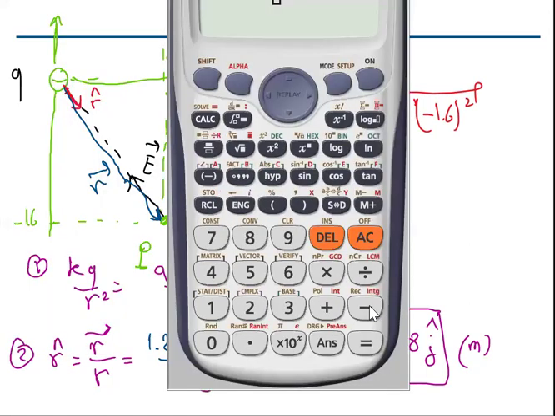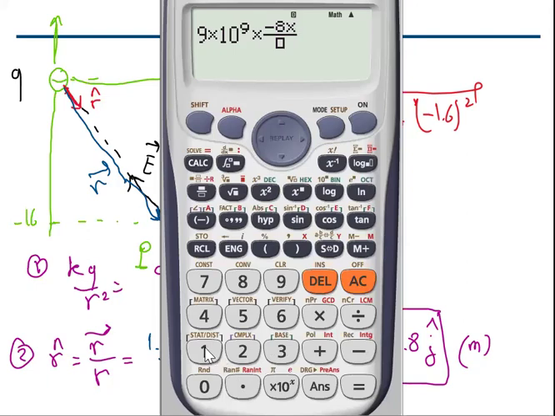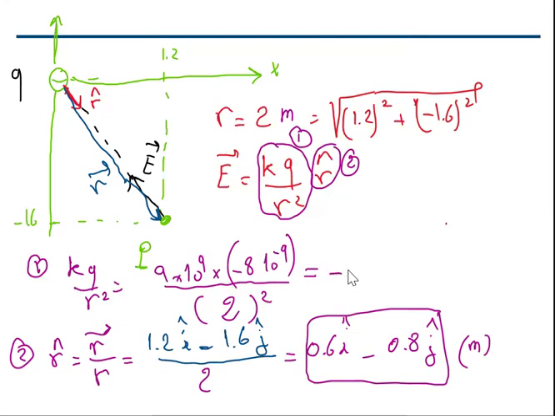Q is minus 8 times 10 power, nanocoulomb means negative 9, divided by the distance squared, so 2 squared. It's 2 meters. So what will be the result? The result is negative 18. Negative 18 newton per coulomb, of course.